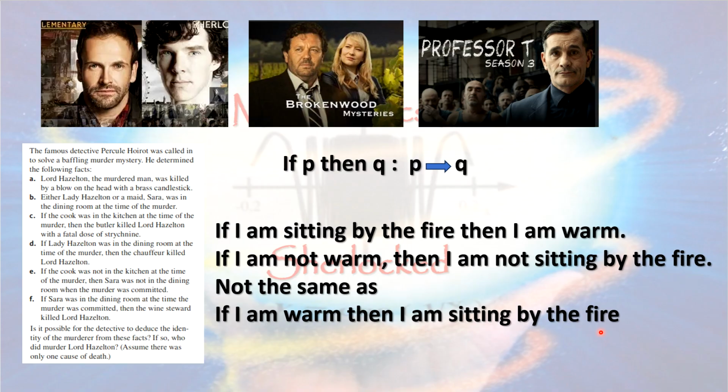A statement that is logically equivalent to if P then Q is what's called its contrapositive, if not Q, then not P, as in, if I am not warm, then I am not sitting by the fire. We denote this by tilde Q arrow tilde P. Not Q implies not P. We will use 2 more tools.